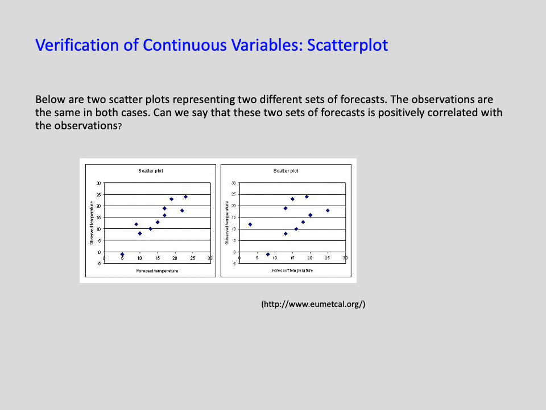In both cases, lower forecast temperature values tend to be associated with lower observed temperatures. However, note that for the left panel, the correlation might be very high, indicating that the forecast is well correlated with observations. For the right panel, we may also get a positive correlation between the observations and the forecast, but the correlation is low and the result doesn't really make sense.